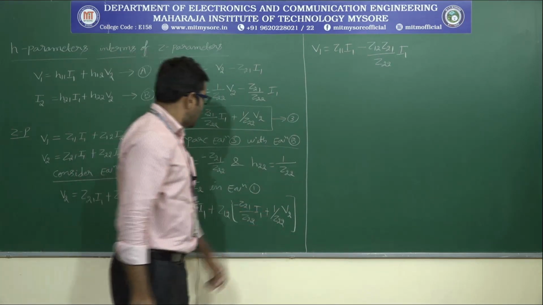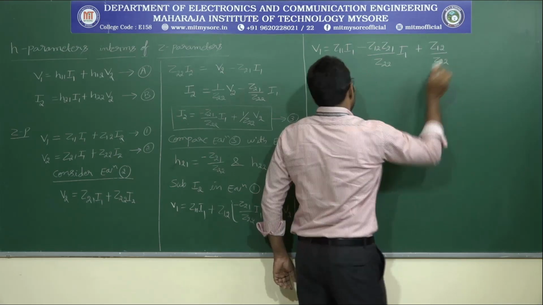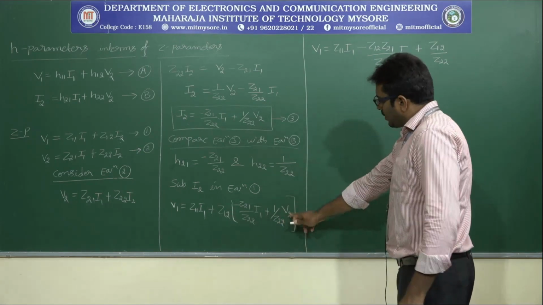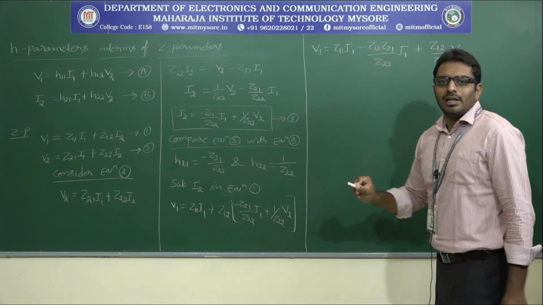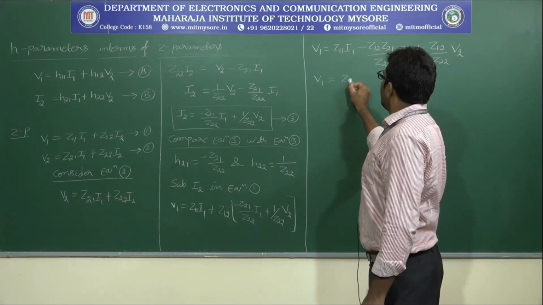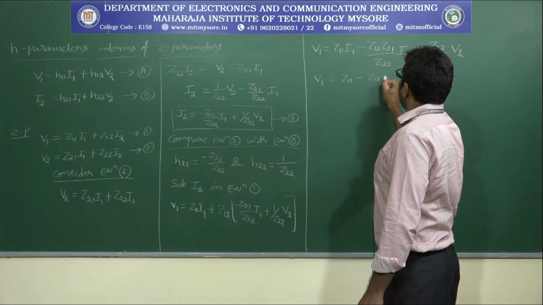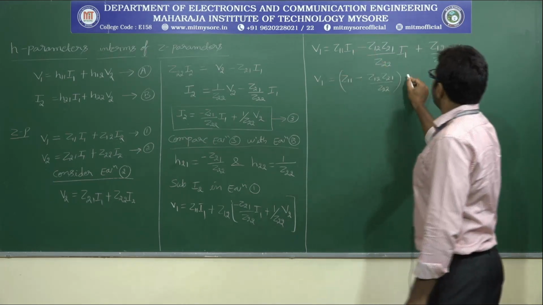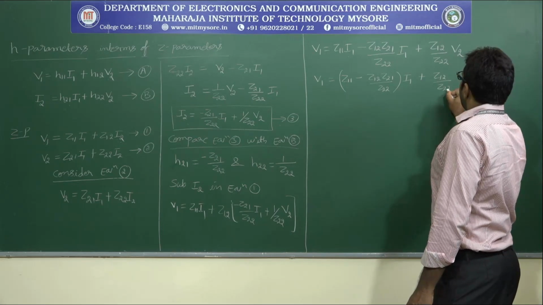Next, plus into plus Z12 divided by Z22, Z12 multiplied with 1, Z12 divided by Z22 into V2. See, in these terms, I1 can be taken as a common factor, right? Therefore, V1 is equal to Z11 minus Z12 Z21 divided by Z22, into the common factor I1, plus Z12 divided by Z22 V2.